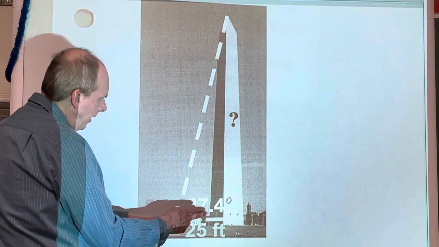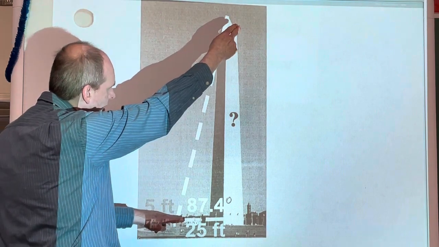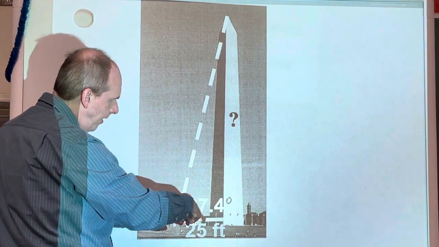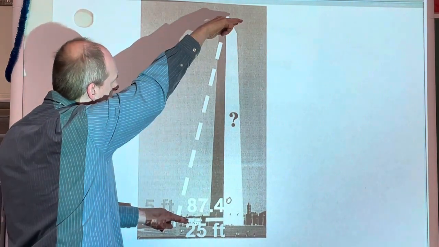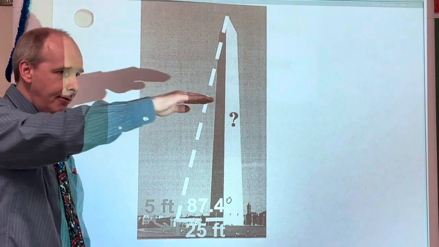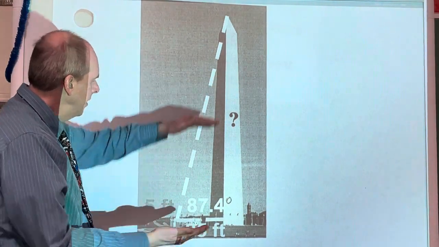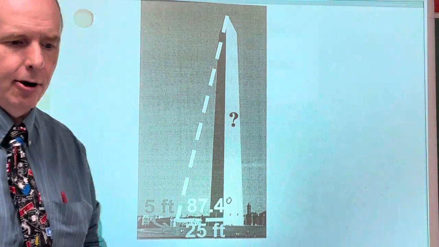You look up at an 87.4 degree angle, you see the top of the Washington Monument, and you know you're standing 25 feet apart. You can calculate the height from the top to this 5-foot mark. Take your answer, add your 5 feet, you'll have the height of the Washington Monument.